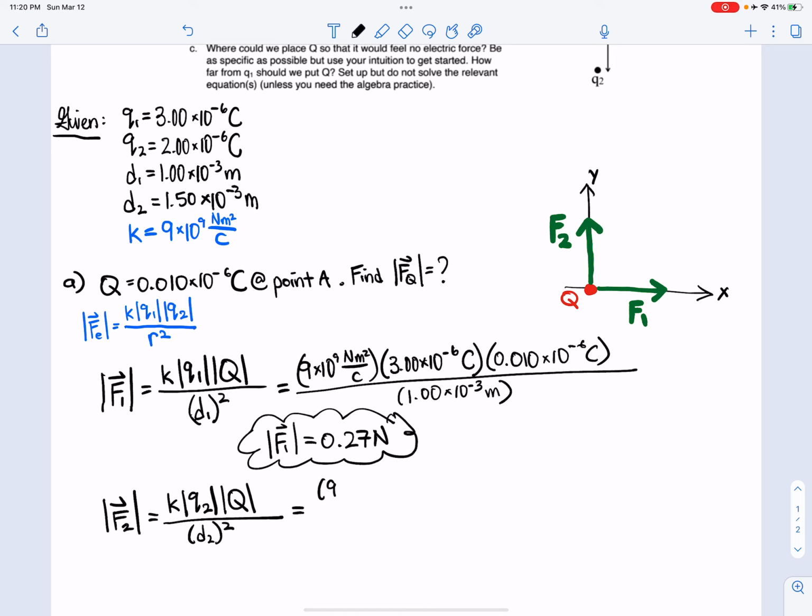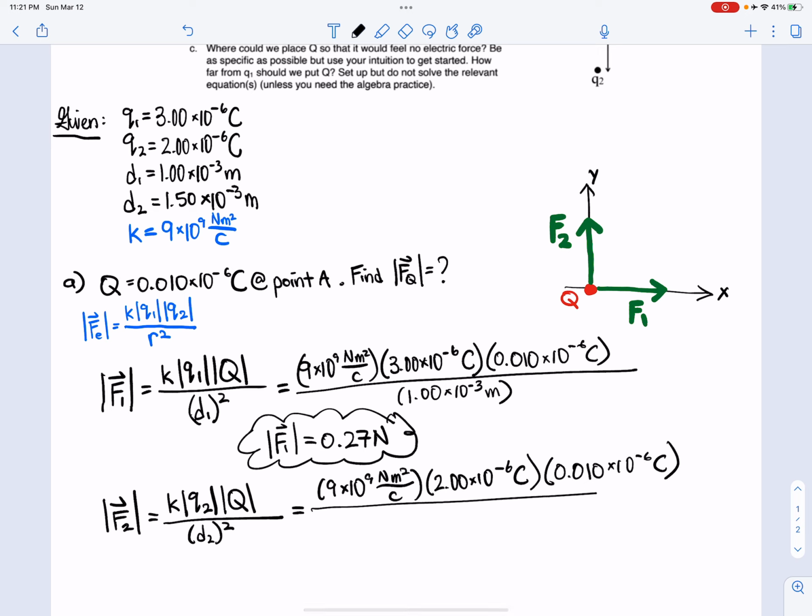And if you just fill that in, that will be 9 times 10 to the 9 newton meters squared per coulomb times Q2, which is 2 times 10 to the minus 6 coulombs, and the charge for capital Q, which is 0.01 times 10 to the minus 6 coulombs.